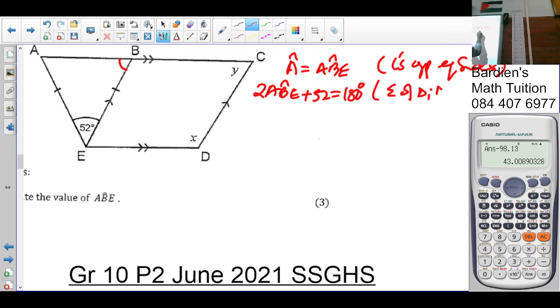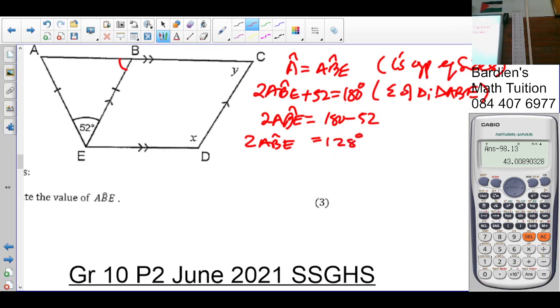Sum of angles in triangle ABE. So 2 ABE is equal to 180 minus 52, which is 128. Now divided by 2, ABE is equal to 64 degrees.